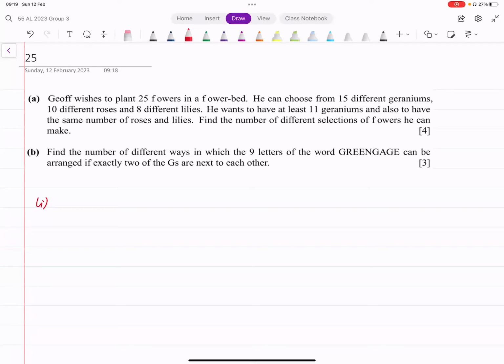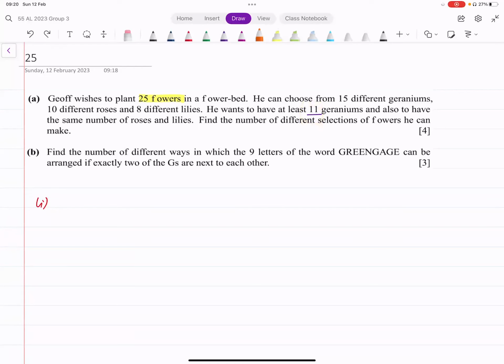So this is the total number that we're given. He wants to have at least 11 of these and the same number of roses and lilies after that. Okay. Now the total number has to be 25. The total number that he plans is supposed to be 25, and he wants at least 11 of these.